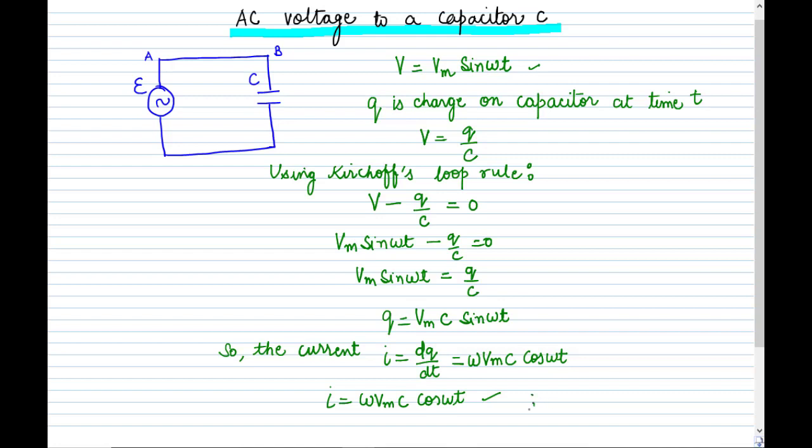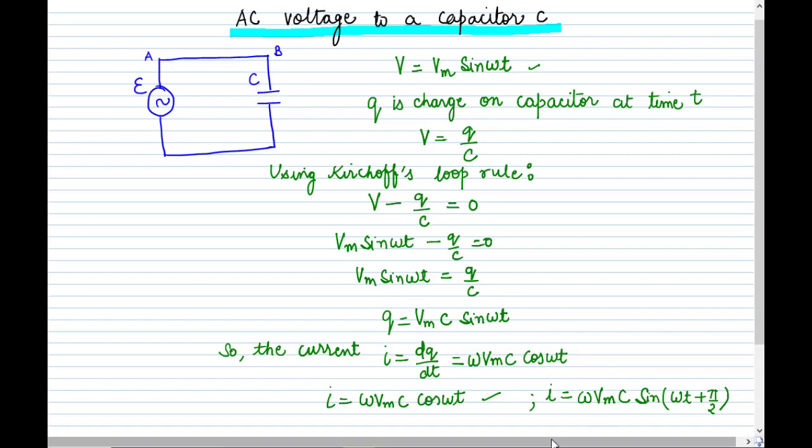So we can write down I again as omega Vm C, and cos omega t is equal to sin omega t plus pi by 2. Because sin omega t plus pi by 2 is cos omega t. So this whole quantity we can write down as Im, or I is equal to Im sin omega t plus pi by 2.